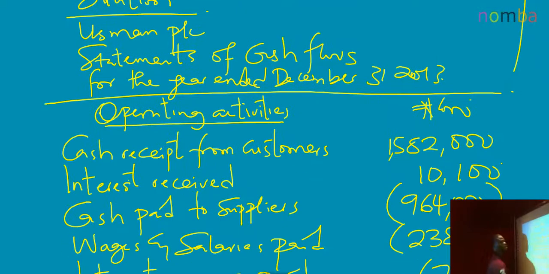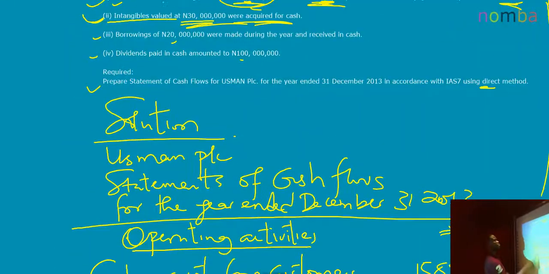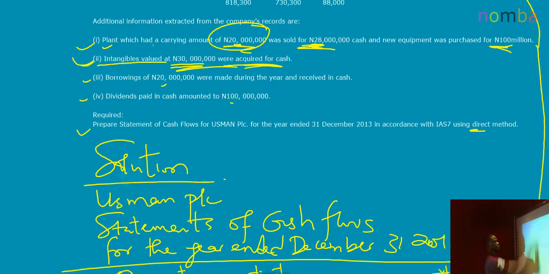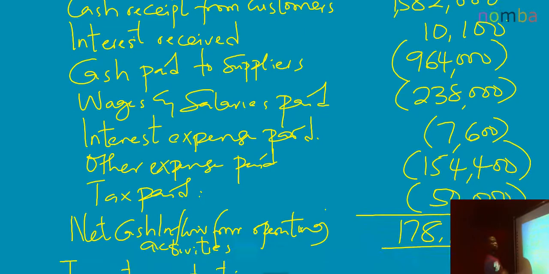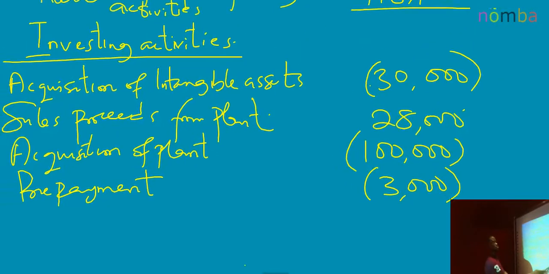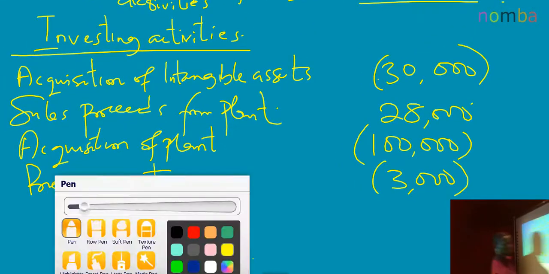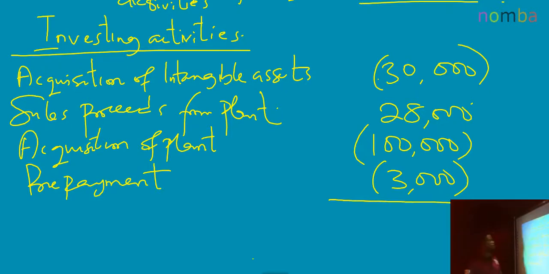So, let's add up. Let me cumulate all of these items. And that's 30,000 plus 100,000 plus 3,000. So, I added all the ones that are in the jacket.